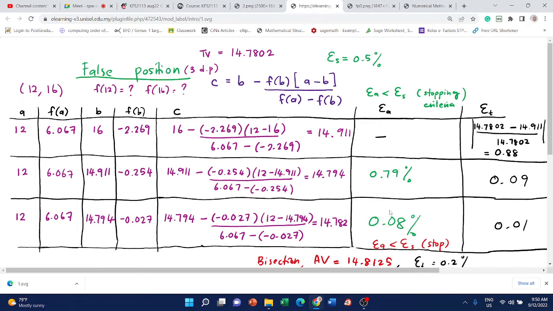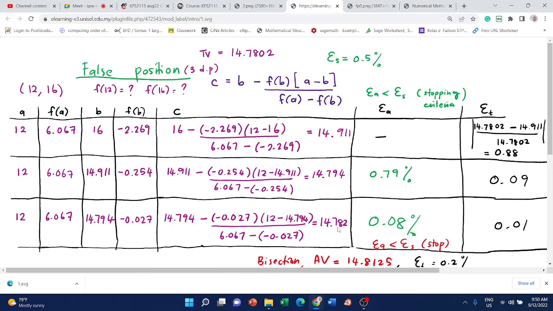And then we find the absolute error as 0.08. This 0.08 is less than 0.5%, so we stop the computations in this false position method. That means using the false position method, the approximation value is 14.782.